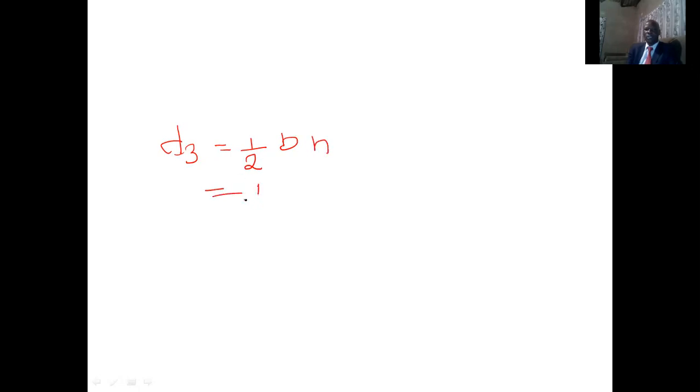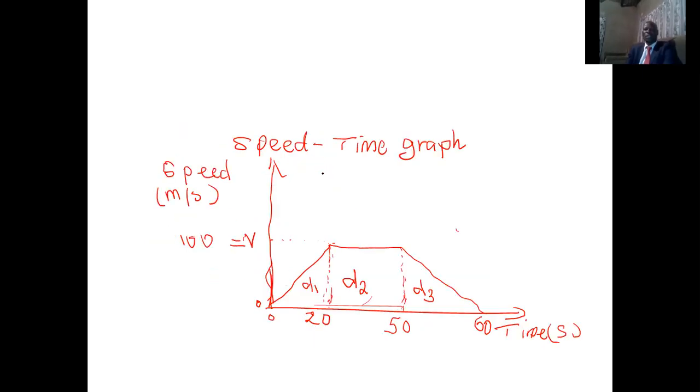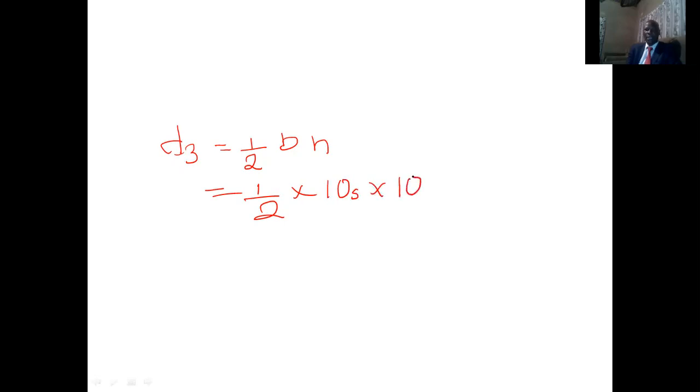And we are aware that our base is 10 seconds, multiplied by the height, which is 100 meters per second.